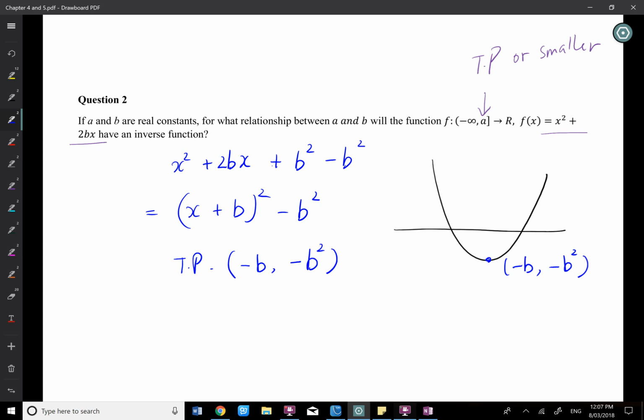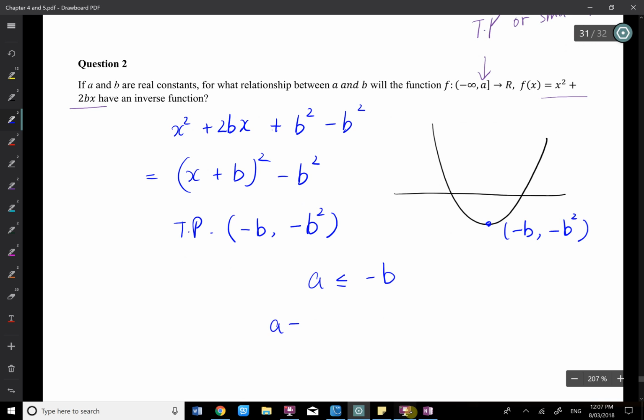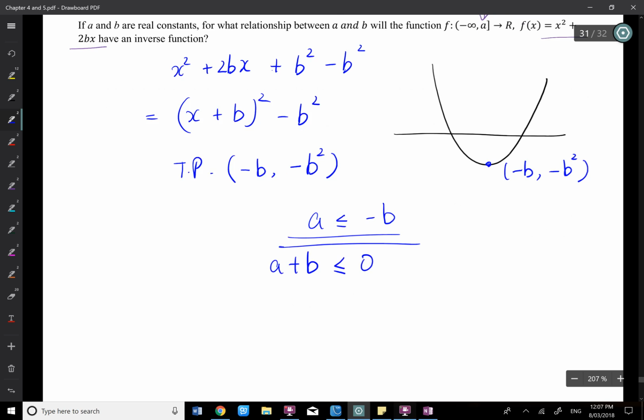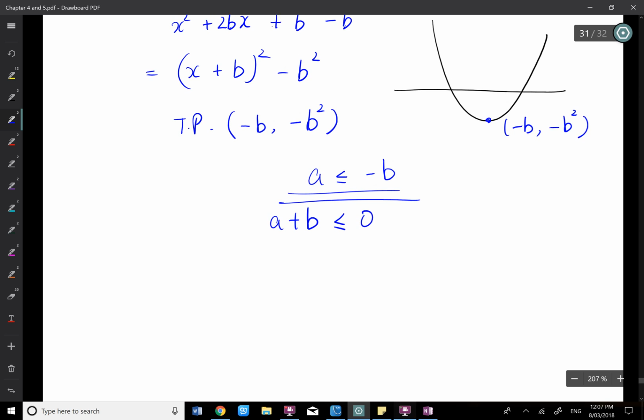What I want to see here is the relationship between a and b. Okay, you know the maximum value a can take is minus b. So a needs to be less than or equal to minus b. So the relationship can be a plus b less than or equal to 0. Or you can keep your answer like this, a less than or equal to minus b. Because the domain you want to include, you can reach, but you can't go beyond the turning point.